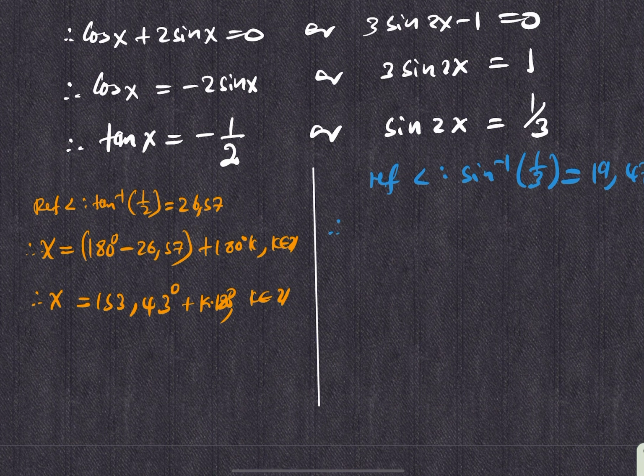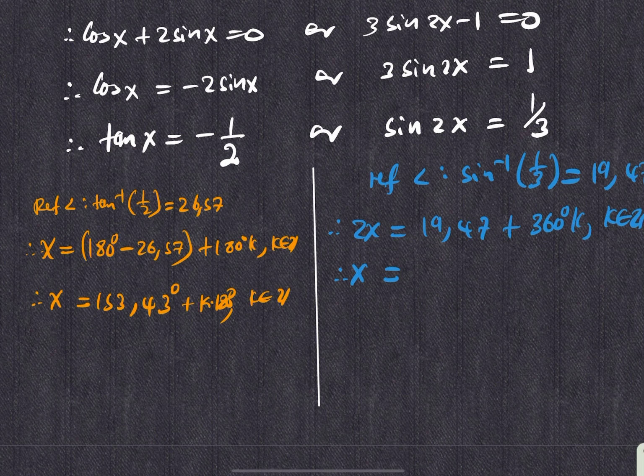Therefore, you're going to get x equals, by the way, you have 2x here. So behave, you're going to say 2x equals the reference angle in the first quadrant, and that is 19.47 plus 360 degrees k for the period, where k is an element of integers.